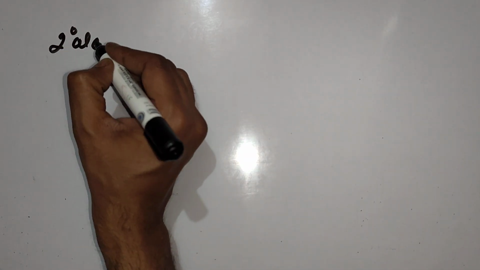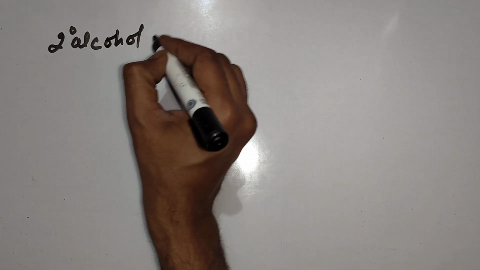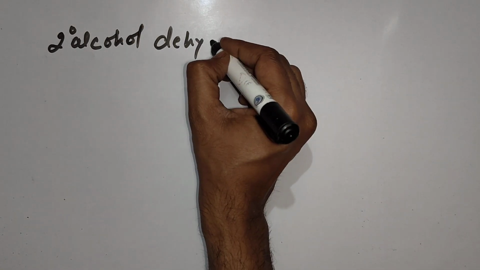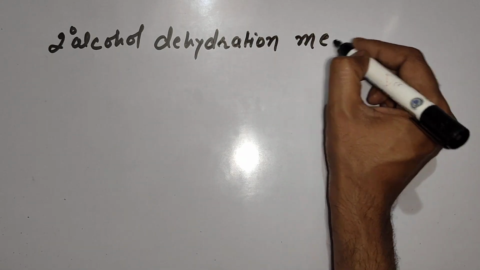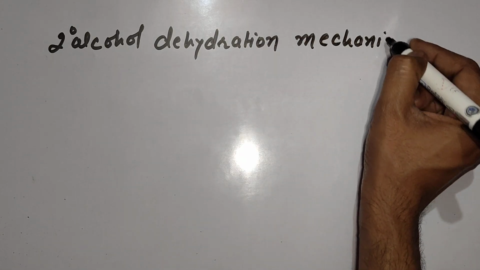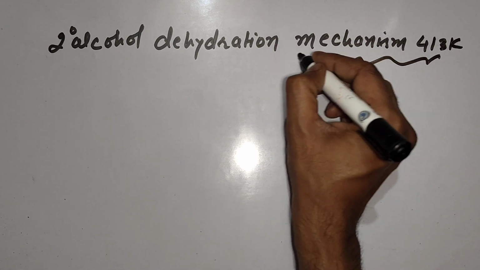First, I am going to write the 2 degree alcohol mechanism. The same mechanism will be for 3 degree. 2 degree alcohol dehydration mechanism at 413 Kelvin temperature.